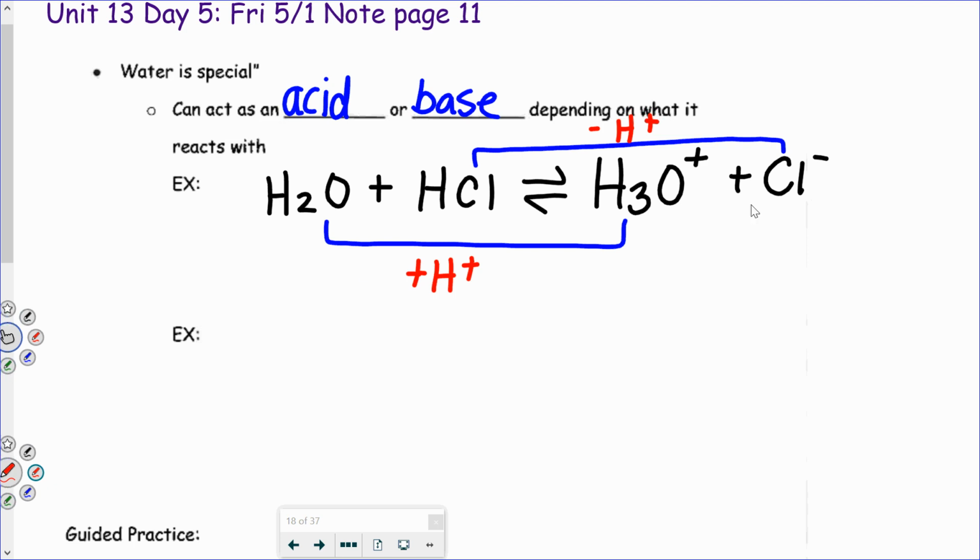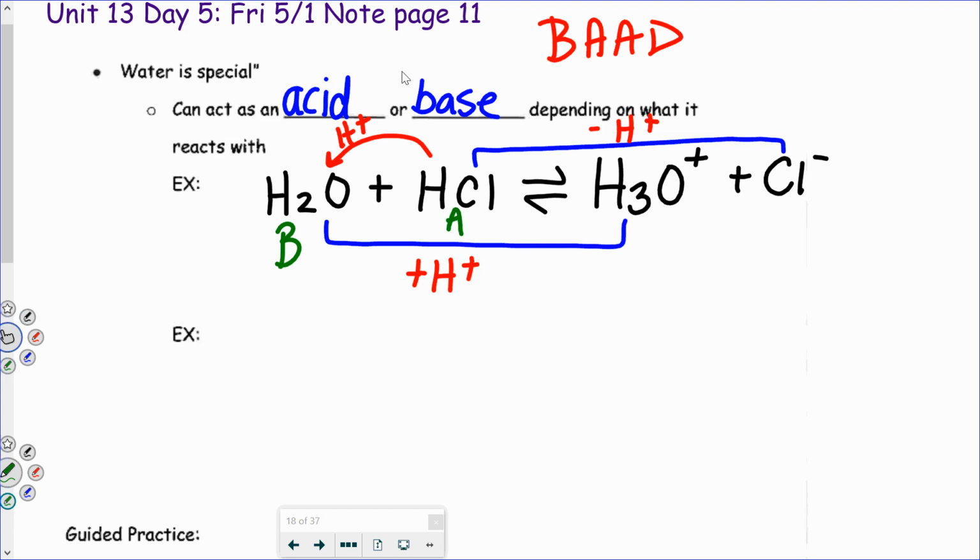So once we figure out what lost and what gained, you want to remember BAAD. Bases accept, acids donate. All right, so since this went up in hydrogens, it went from 2 to 3, it must have accepted a hydrogen, and it accepted it from the HCl. Okay, bases accept. So that means H2O is my base, acids donate, HCl must be my acid.